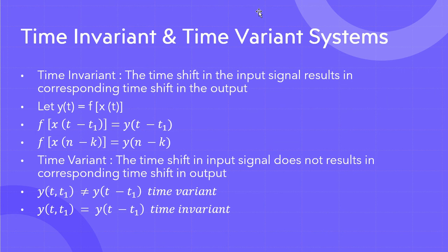So if you are delaying your input by, let's say, 5 seconds, then your output will also be delayed by 5 seconds. If you are facing a change in the output, that means your system is what kind of system?